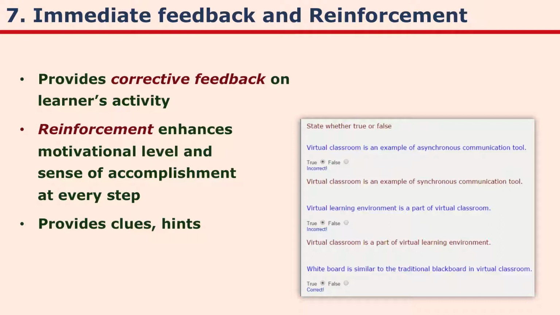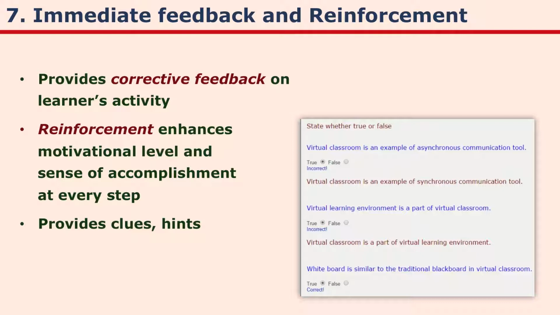For example, if a learner gives a correct answer, there can be a nice animation saying that yes, you are right, or there can be a piece of music. If the learner goes wrong, there can be a beep sound to make the learner aware that he or she has gone wrong. The computer can also provide some clues and hints for correct answers.